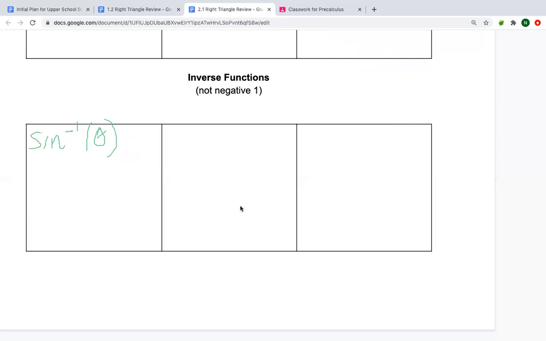Okay. So this is what undoes sine. It's the inverse of sine. So if you need to get rid of the letters sin in an equation, then you use sine inverse. And then you have cosine inverse and tangent inverse.